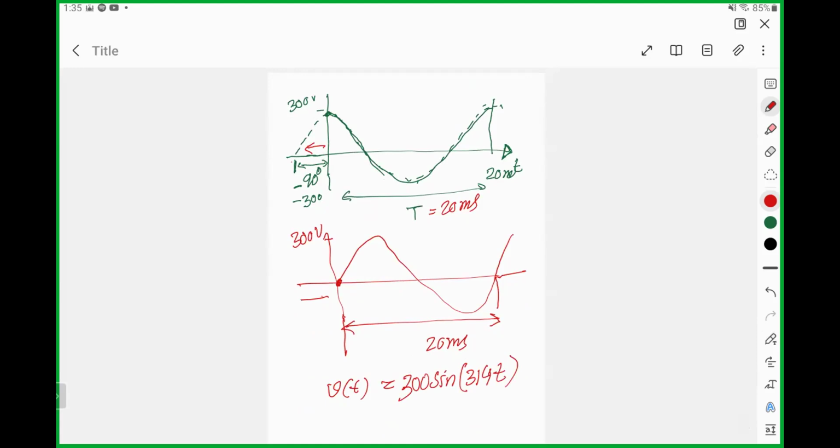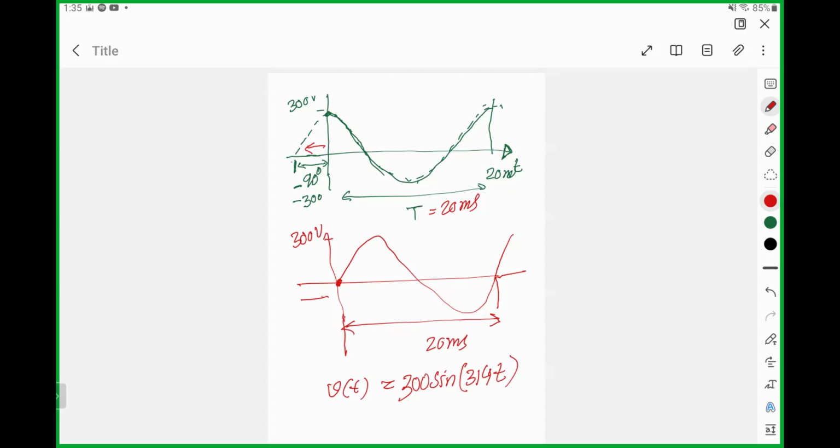At t equal to 0, the sine value will be 0. At t equal to 5, the sine value will be maximum. At t equal to 10, the sine value will be 0. At t equal to 15, the sine value will be negative maximum. This is the usual sinusoidal signal behavior, and this equation is given by this one.